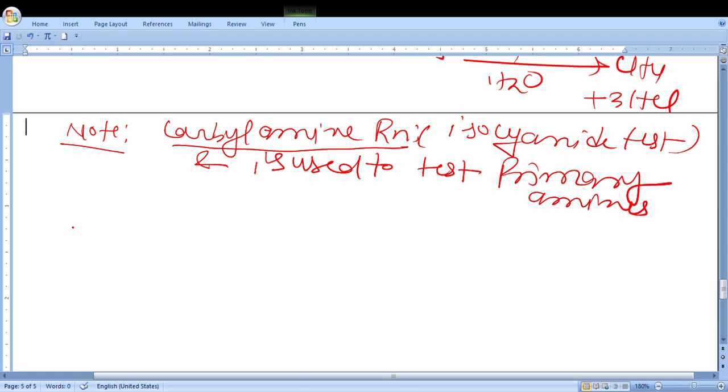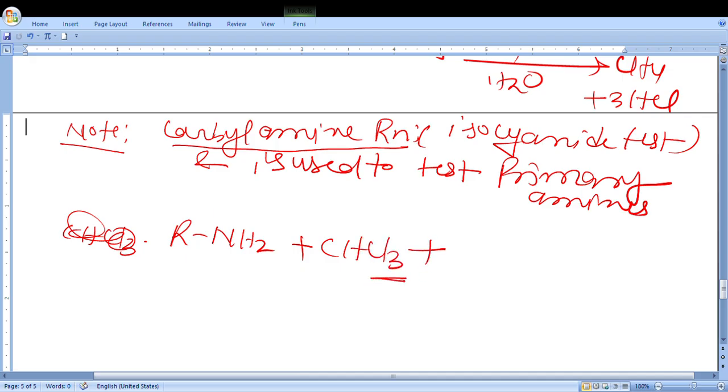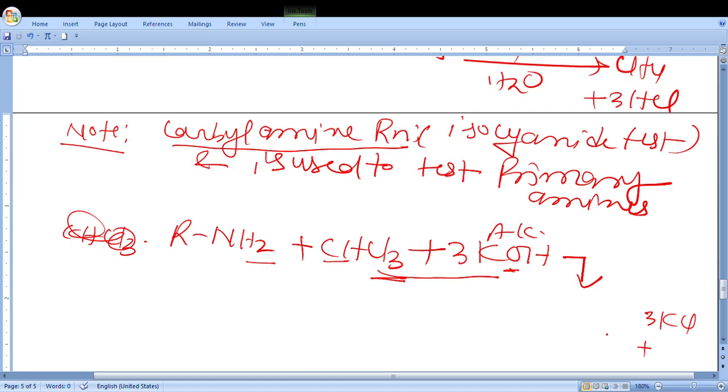So here we will take CHCl3. Primary amines means RNH2 plus CHCl3. So 3 Cl should get removed by 3 KOH, alcoholic KOH, to give 3 KCl plus 3 H2O because 3 O are there.